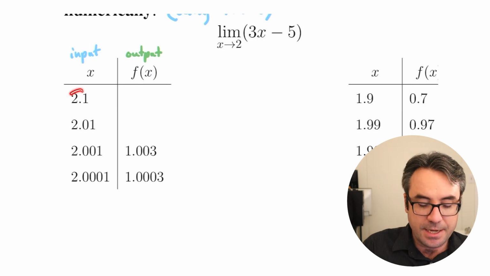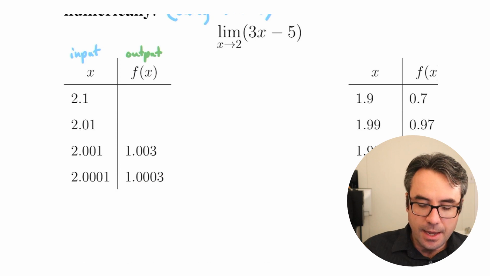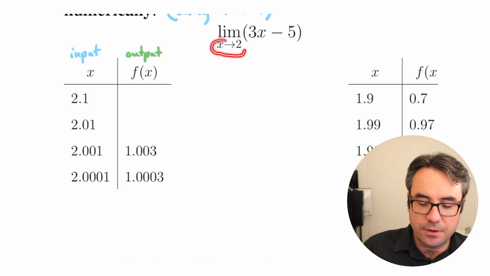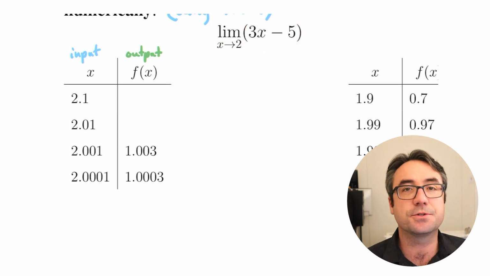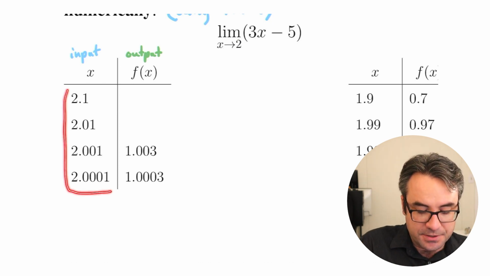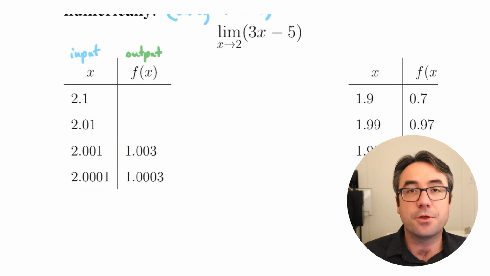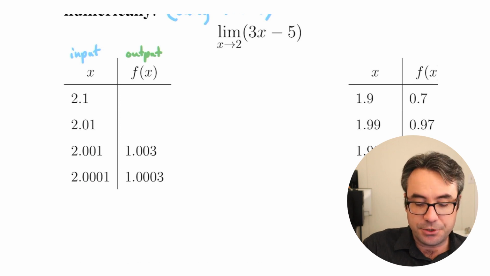We're going to take this x value, 2.1. We want to find the limit of this function 3x minus 5 as x gets closer and closer to the number 2. All of these input values are x values, and as we read down the table, they're getting closer and closer to the number 2.